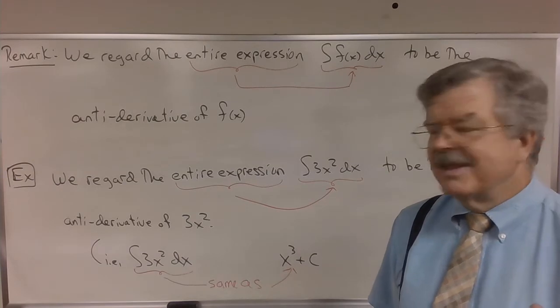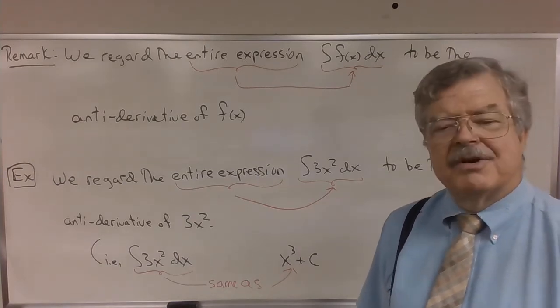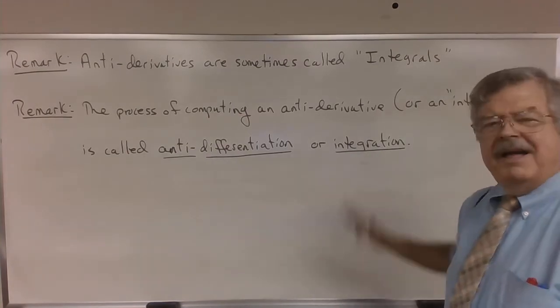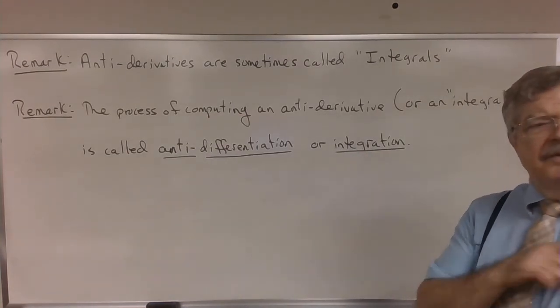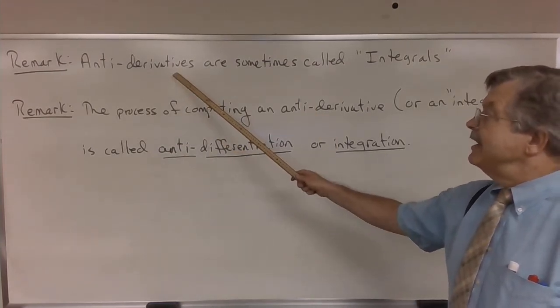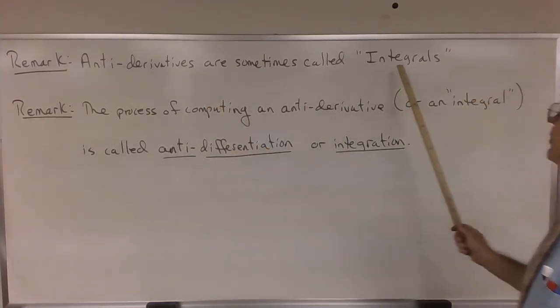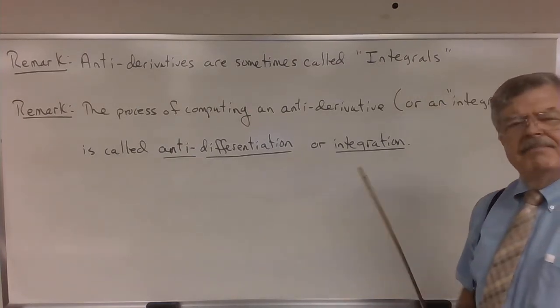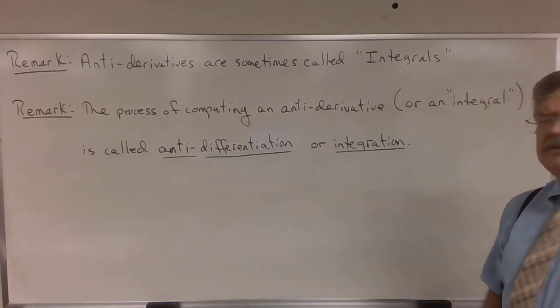But first, I'm going to throw a new term into the mix. I think this will be the last of our new terminology for a while. Antiderivatives are sometimes called integrals. The reason for that may become apparent in Cal 2.